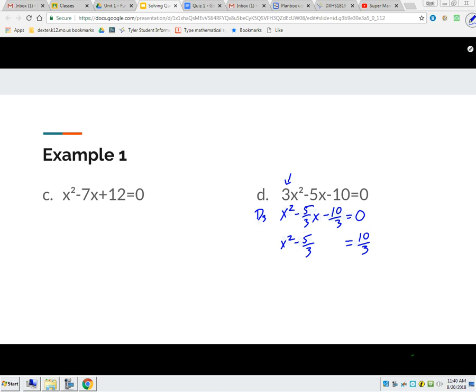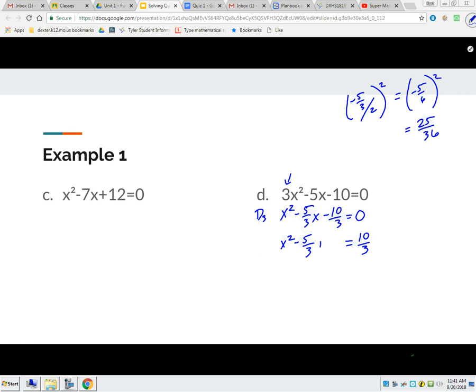And so now I've got to unfortunately take this -5/3 right here. I need to divide it by 2 and then square it. If I divide it by 2, that's going to give me -5/6. If I square it, that's going to give me 25 over 36. Just simply square the numerator and square the denominator.